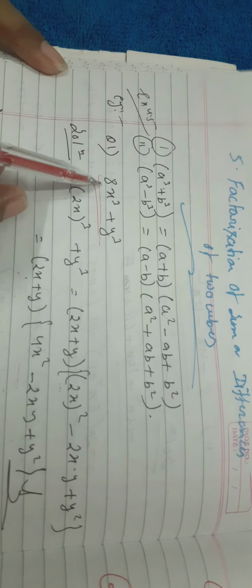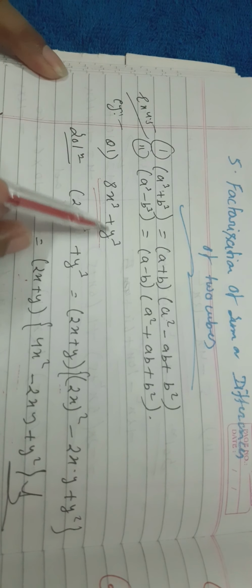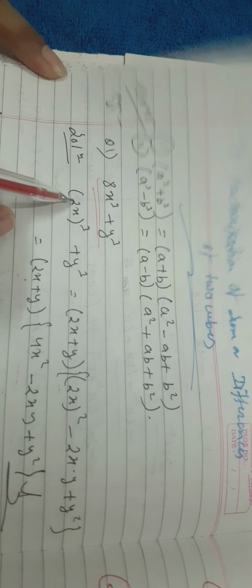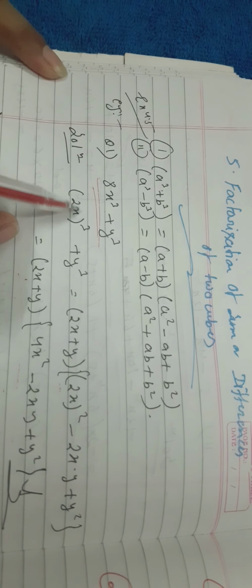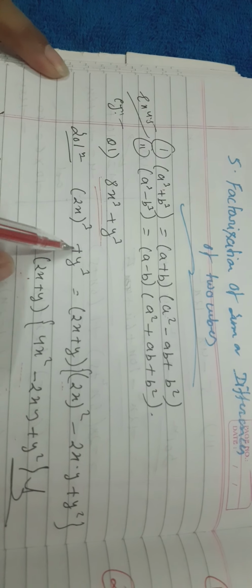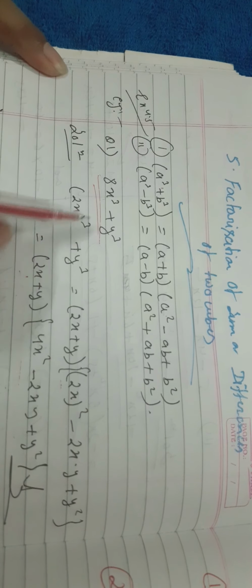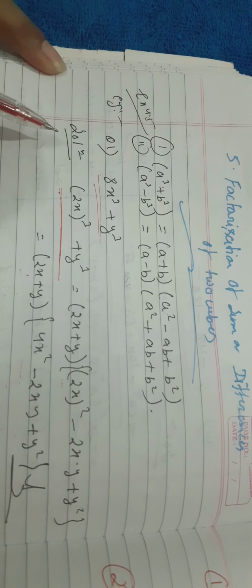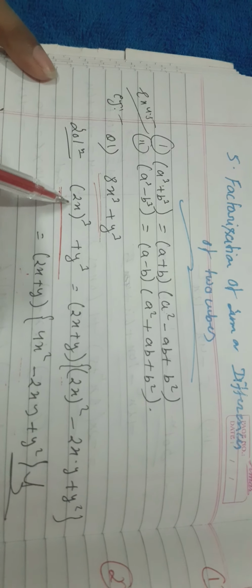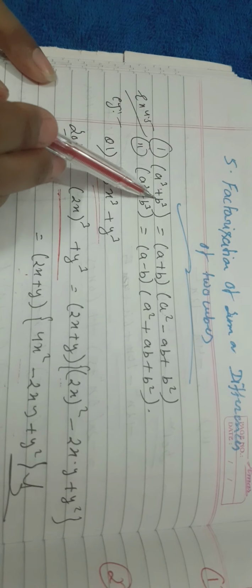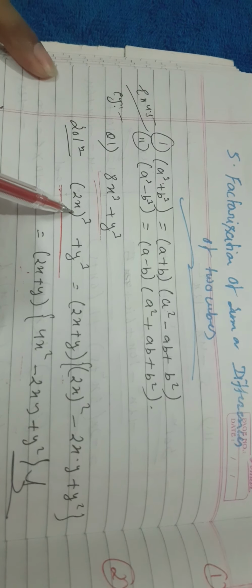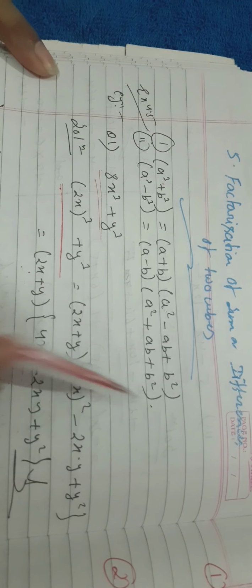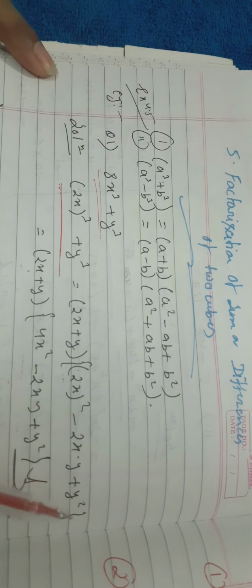Okay, for example, I have written here 8x cube plus y cube. Instead of writing 8, we can write 2, because 2 into 2 into 2 is 8. So 2x whole cube plus y cube. As we got this expression which is just like a cube plus b cube, we will utilize this formula, and thus we got the two factors.